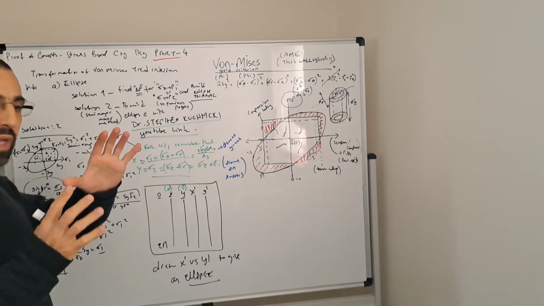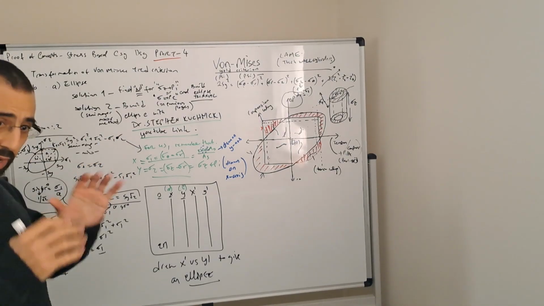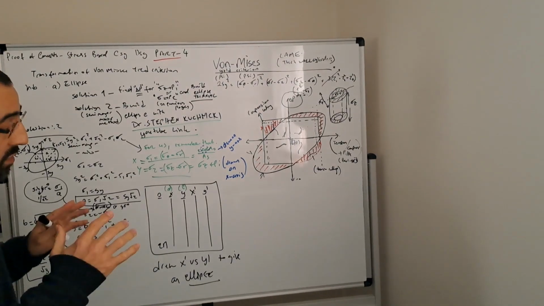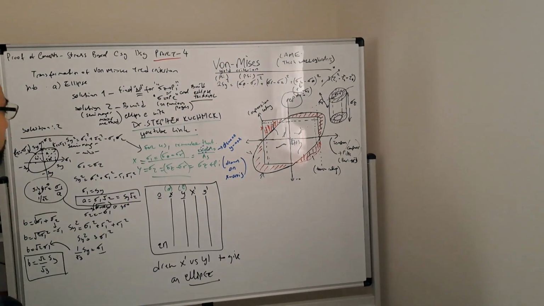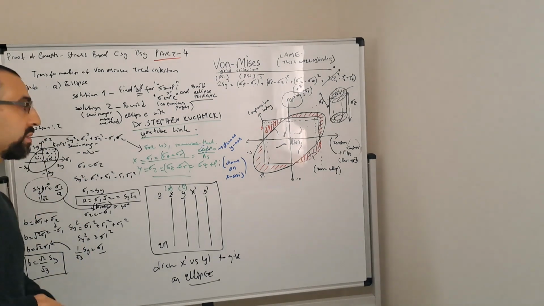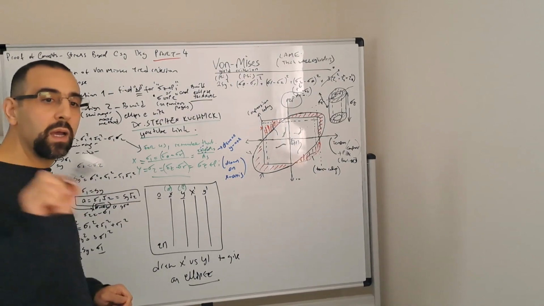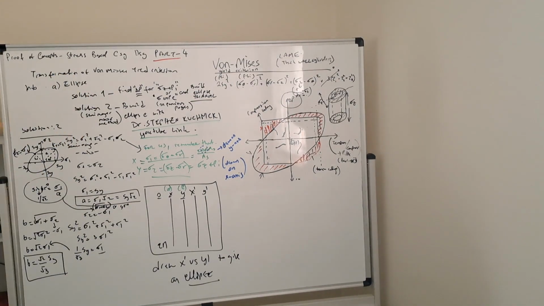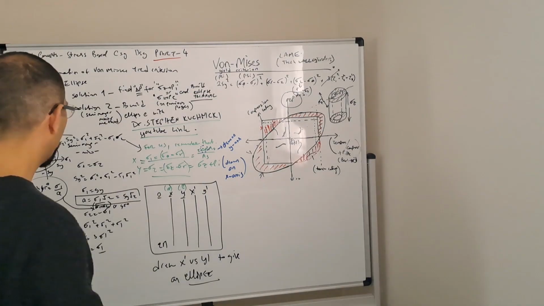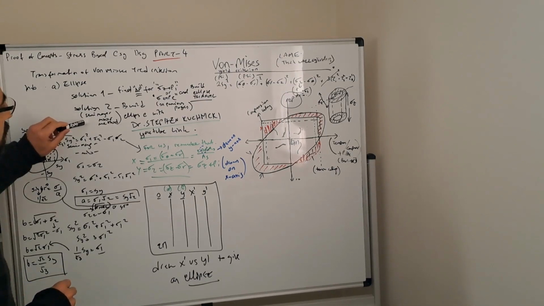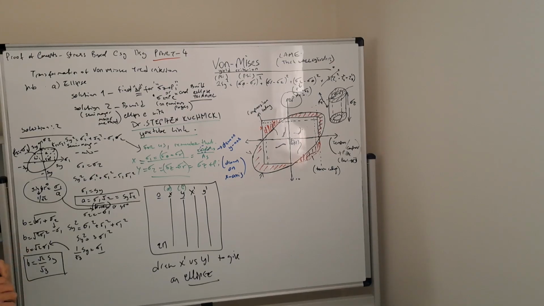Basically, it works on a transformation of a circle into an ellipse by some radial transformation. I will put the link at the bottom of the video so you can go through that. But I will simply call this method the semi-major or semi-minor method, because this is how we're going to tackle this.